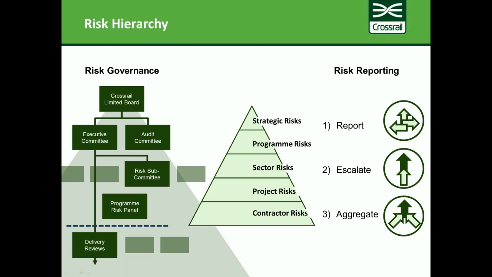While certain members of our board may have been interested in some of the detail around station construction, we really tried to get them engaged at the strategic level, looking at the political and economic and high-level risks, and then tried to get everybody at the different parts of the organization engaged in managing risk at the level that they could influence.